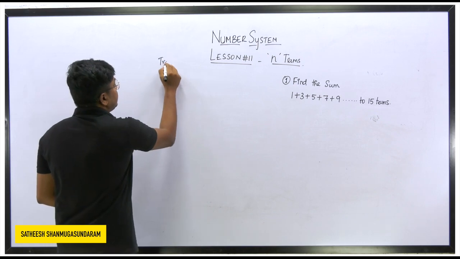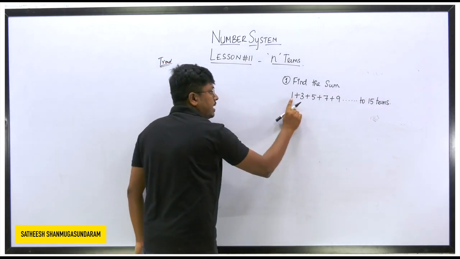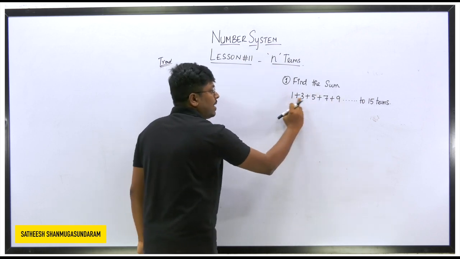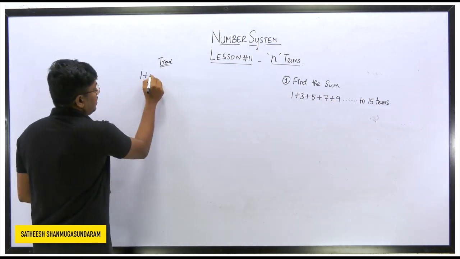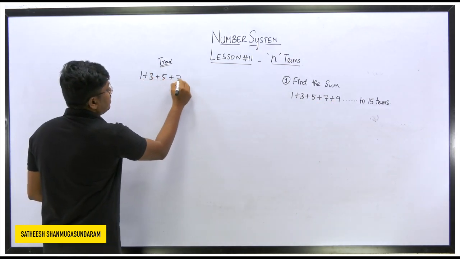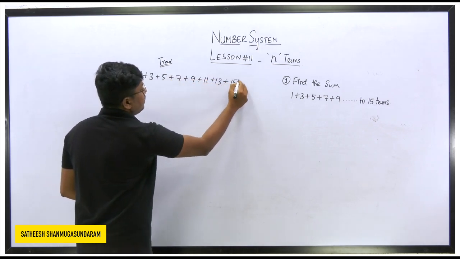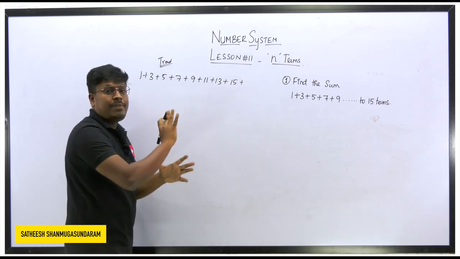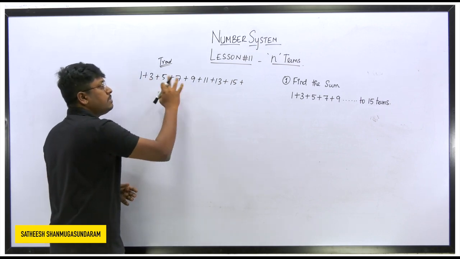The traditional method is nothing but this: we have terms up to 15 terms, starting from 1. You need to find the logic behind the series. So 1, 3, 5, 7. They are going with the odd numbers. So 1, 3, 5, 7, 9, 11, 13, 15. You should not stop at 15, because it's up to 15 terms: first term, second term, third term, fourth term, till 15 terms.